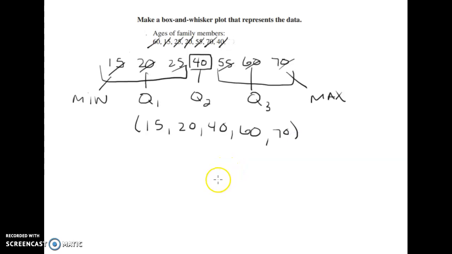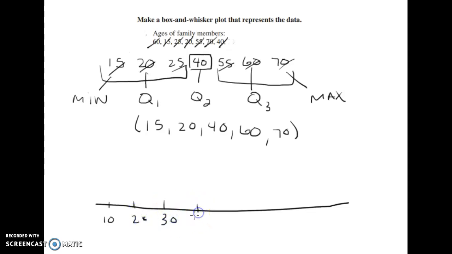And we now can create our number line. For this one, I'm probably just going to do tens. Yours can be more exact and better on paper, but so I have 10, 20, 30, 40, 50, 60, 70.